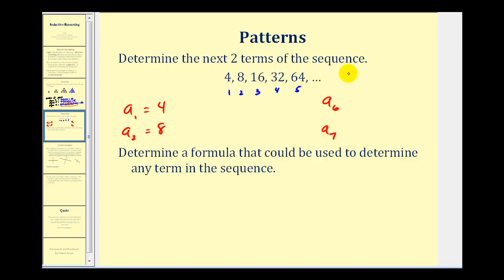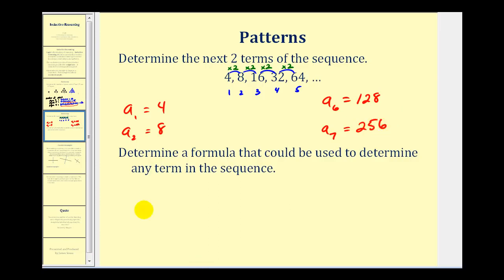Analyzing the pattern, notice as we progress through the sequence, we're multiplying by 2 each time. So by using inductive reasoning, we should be able to conclude that a sub 6, or the sixth term, would be 64 times 2, or 128. And then the seventh term would be the sixth term times 2, which would give us 256.